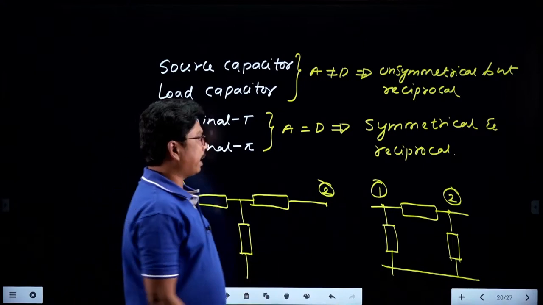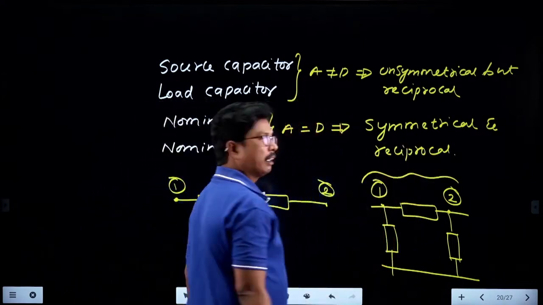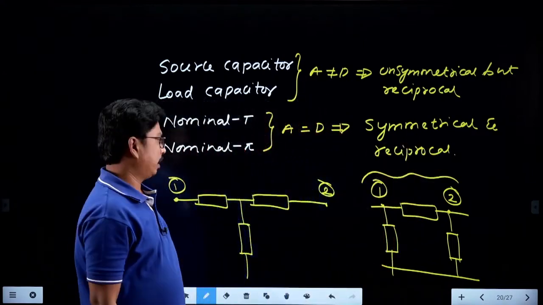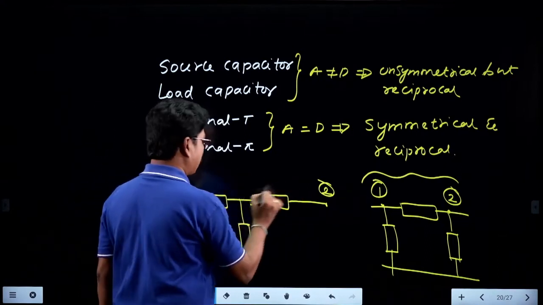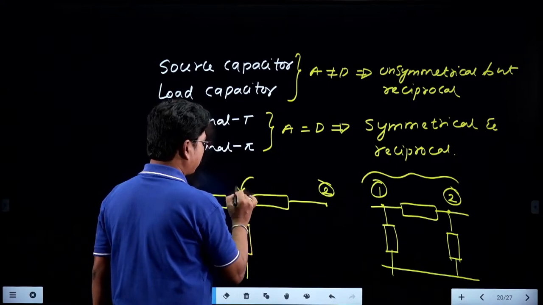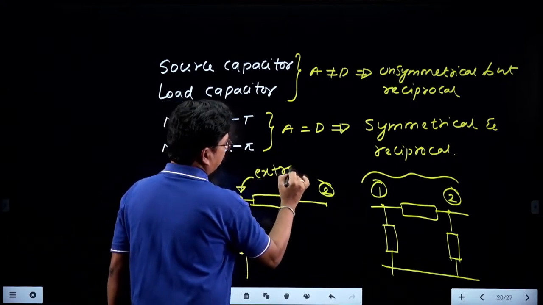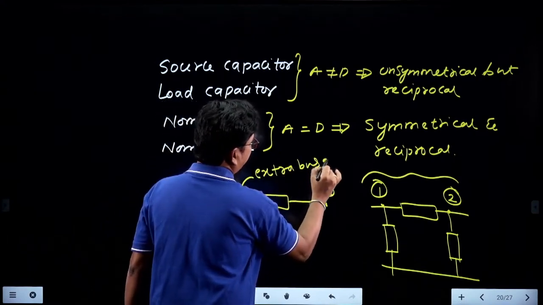So in case of the pi model, we have two buses for one line, whereas in the T model, we have one bus here, and this is an extra bus or extra node.